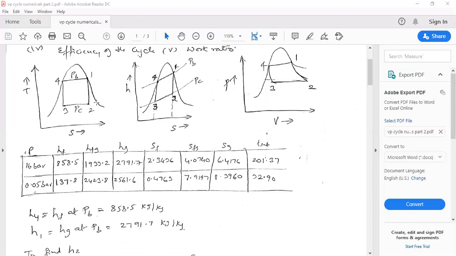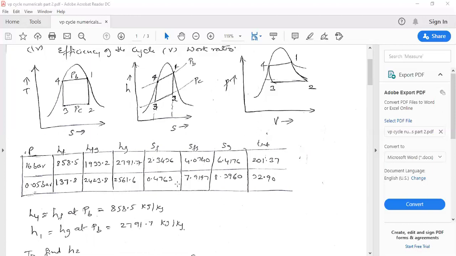This Hg is the point lying on this dry saturated line. Similarly, SF is the entropy on the saturated liquid line. Sg is the entropy on the saturated vapor line for 0.05 bar pressure, and the saturation temperature is 32.9. These values are obtained from the thermodynamic data handbook.